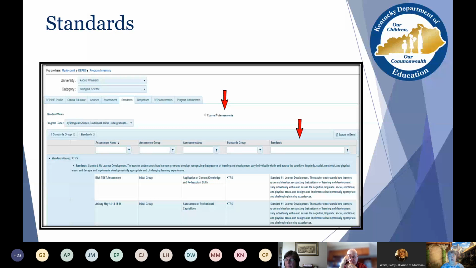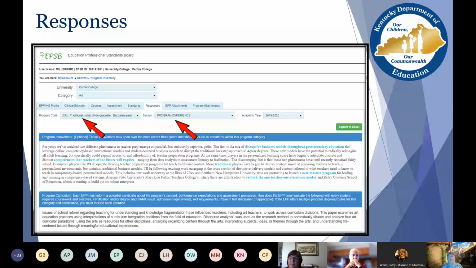The next section that provides some detail that you'll, as content reviewers, want to look at is the responses tab. This tab contains a series of questions that are appropriate for the defined program code. When you select the responses tab, you select again the identified program code and then select a section.